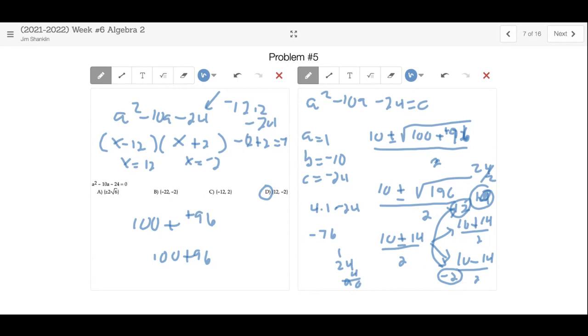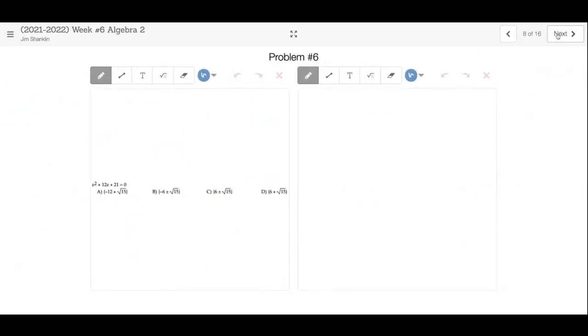All right, let's go to problem number 6 on this week's practice. Number 6, we have z squared plus 12z plus 21. Which method do we want to use this time? Do we want to use completing the square, or do we want to use quadratic formula?